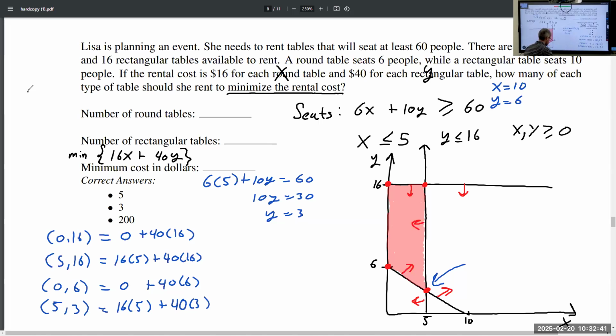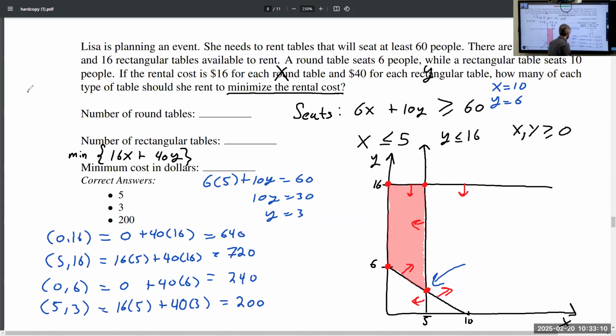40 times 16 is 640. 16 times 5 plus 40 times 16 is 720. 40 times 6 is 240. 16 times 5 plus 40 times 3 is 200.